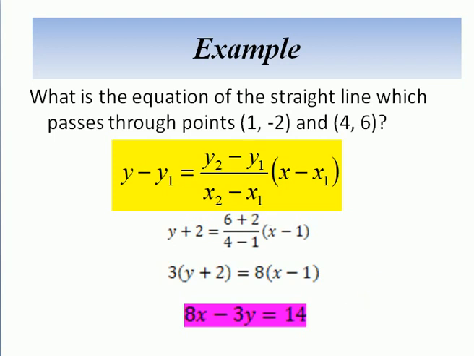We again discuss one example of 2-point form. Here we have 2 points (1, minus 2) and (4, 6).